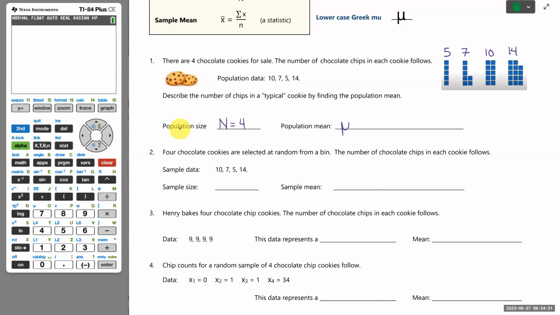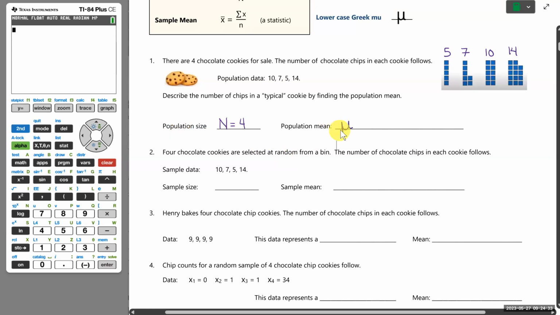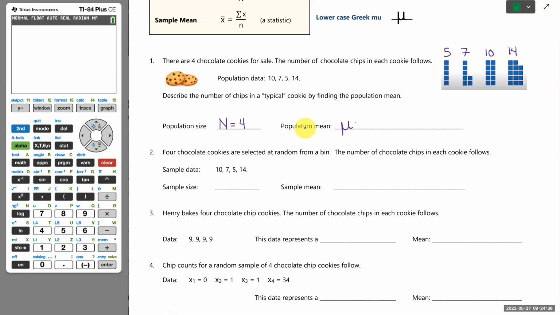So the symbol is our lowercase Greek mu. And to find a mean or a numerical average, we add, that's our capital sigma, each of our X values, and we divide by the number of data values. And in this case, that would be represented with a capital N for our population size.